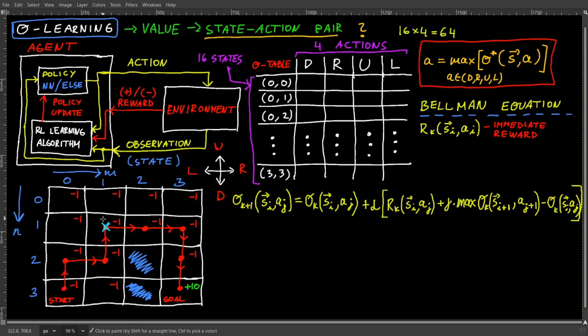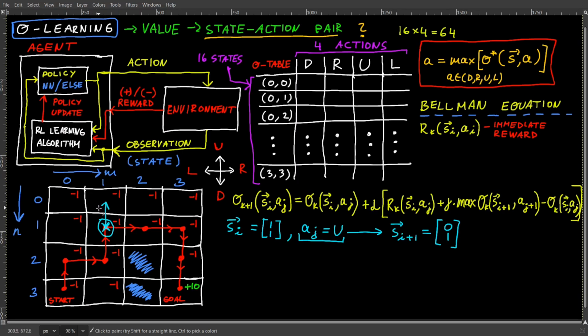And now, when you are in a state 1, 1, so this is your state vector, and then you take action up, your new state, because of the action that you took, will be this one. You moved upwards, so now your location is 0 row, first column.